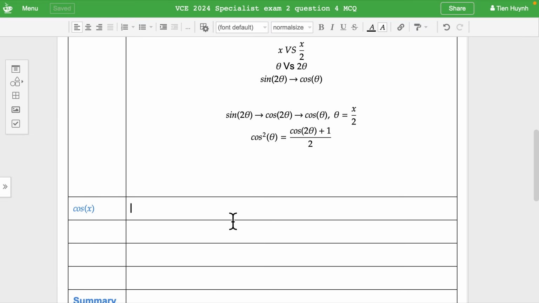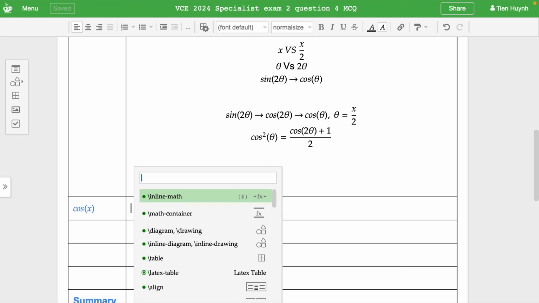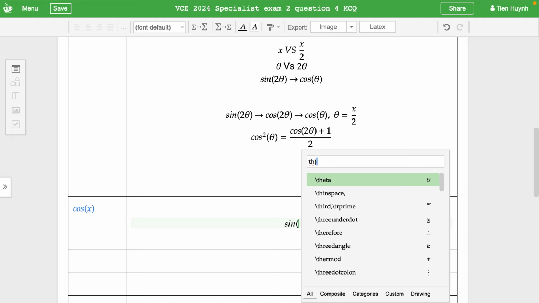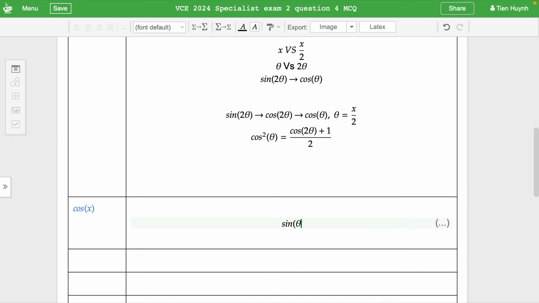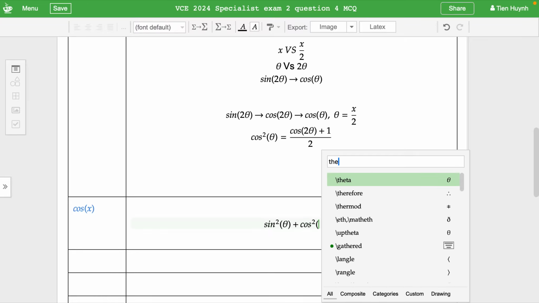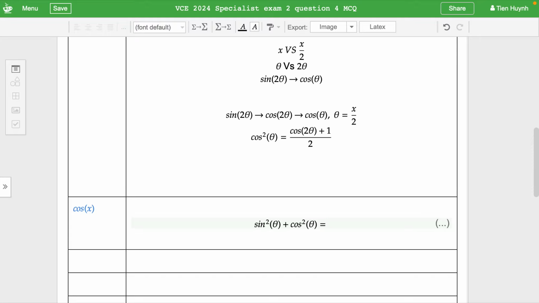In trigonometry, in specialist as well as methods, this is the key formula to remember: sine square of theta plus cosine square of theta gives us 1.